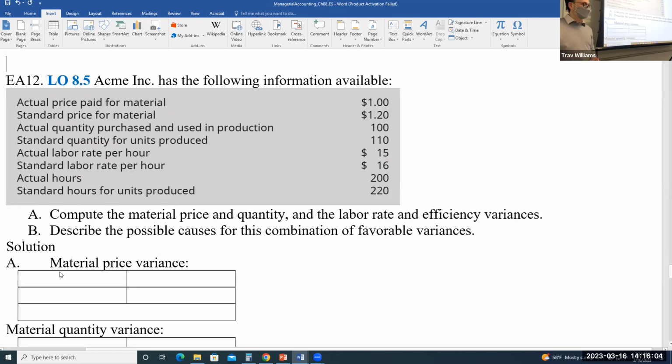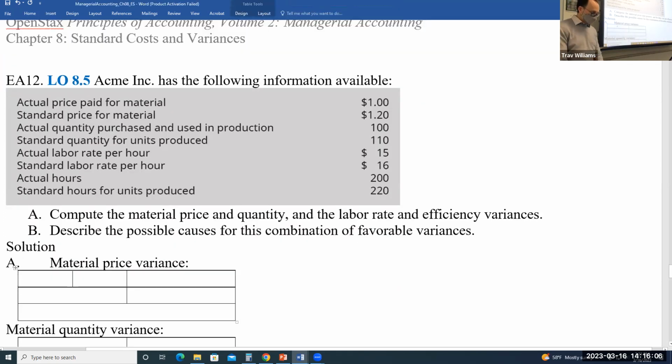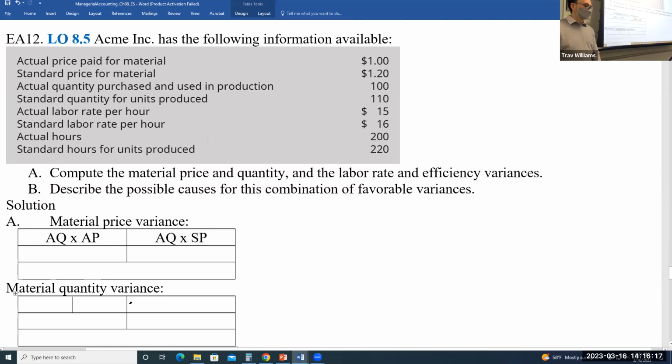All right, so we're going to take actual quantity times actual price minus actual quantity times standard price. Quantity variance, actual quantity times standard price minus standard quantity times standard price.